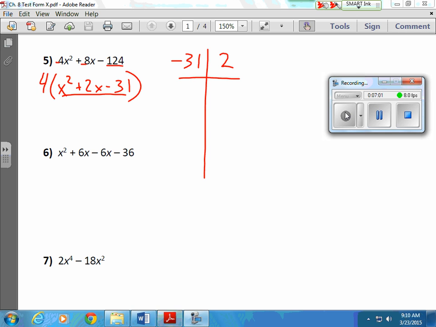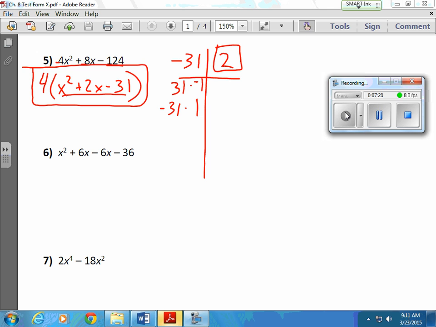Wow, 31 is prime. So really I can't break it up anyway. I can't find factors of negative 31 except 31 and negative 1, and negative 31 and 1. And neither pair is going to add up to give me a positive 2. So if that's the case, I stop at that point, and that is my answer.